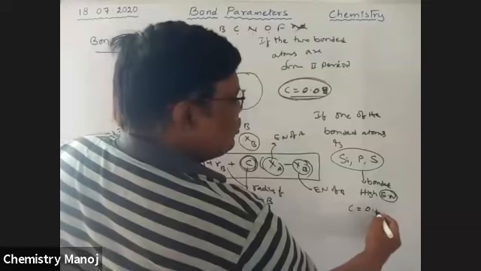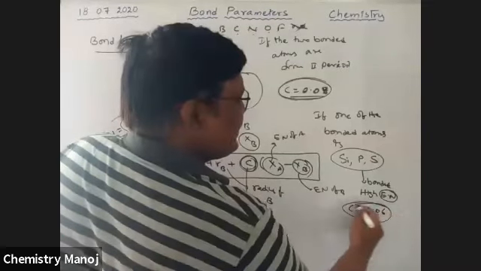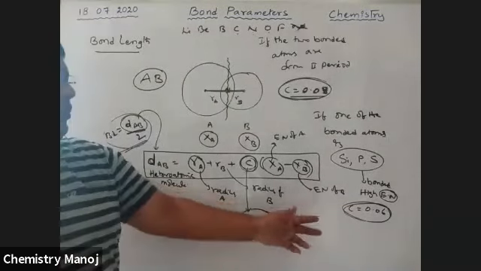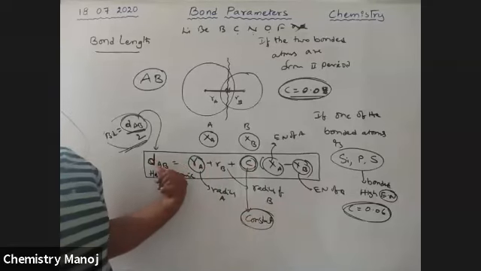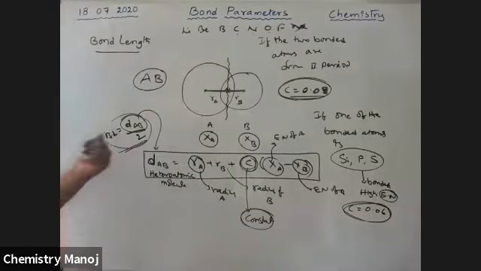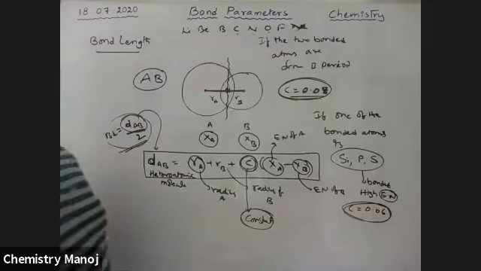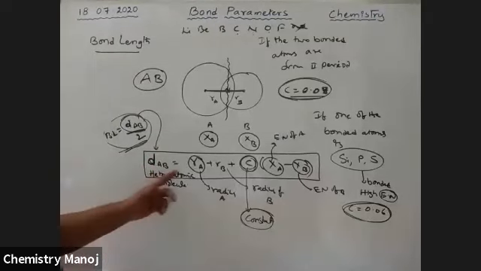In this case, C is equal to 0.06. By using those C values, we can calculate diameter, and diameter by 2 is equal to bond length. So this is about heteroatomic molecules. For heteroatomic molecules, this is the way to calculate diameter.